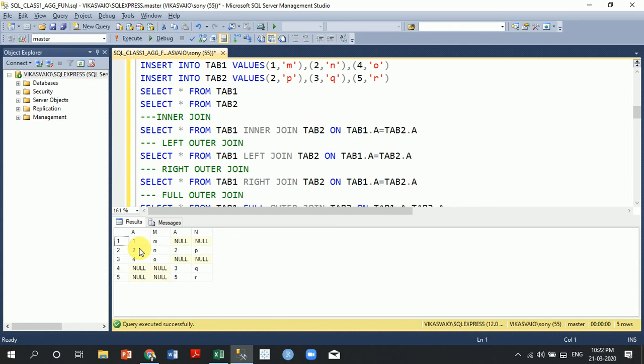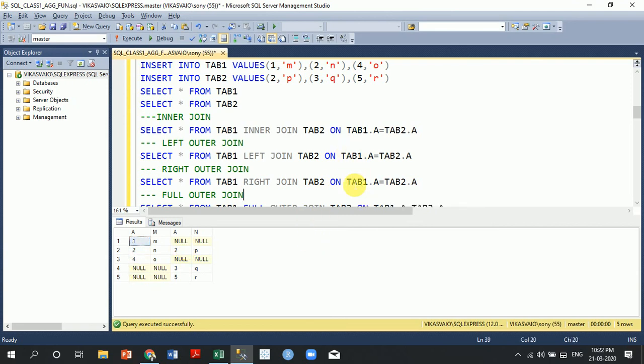I hope it is clear to you all how 5 rows are coming as a result in full outer join, because out of 6 rows only 1 row was common, so this one has been presented as a common row, and the rest of the rows are uncommon. That's why all uncommon rows are also coming as a result.